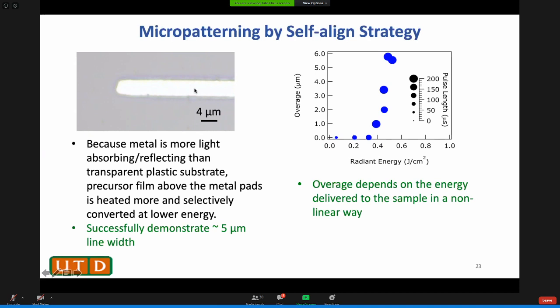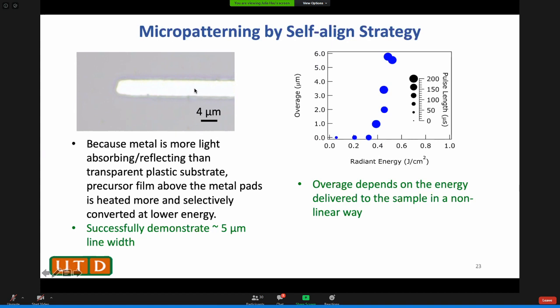The other thing you notice is the zirconium oxide extends a bit past the metal. So we were looking at what controls that. That's the overage. So this one is maybe 0.5 micron. What James showed is there's a nonlinear threshold.